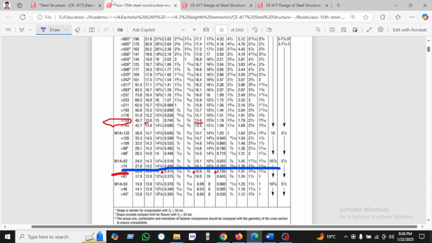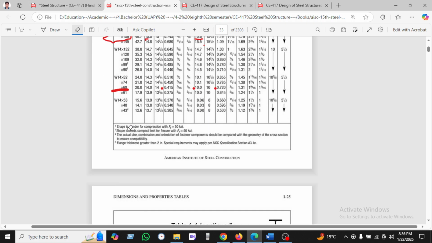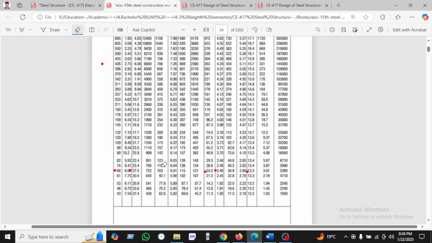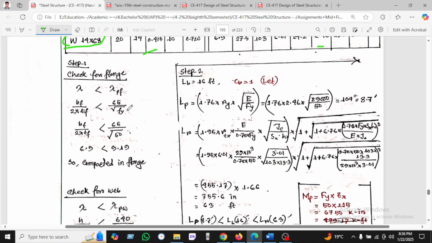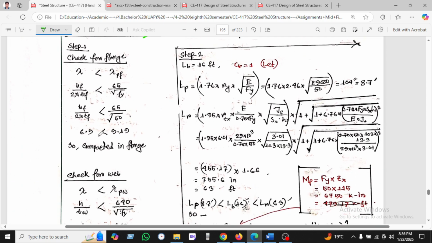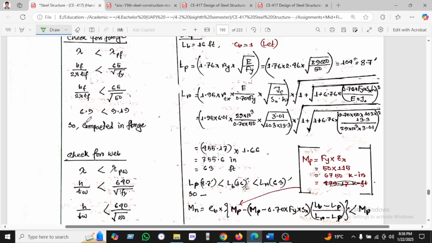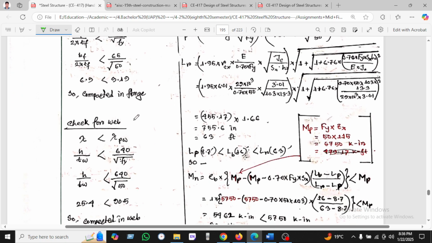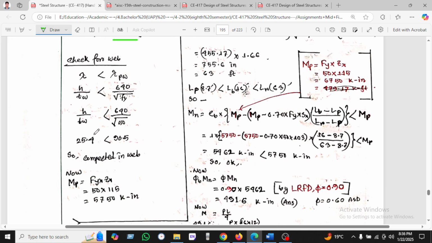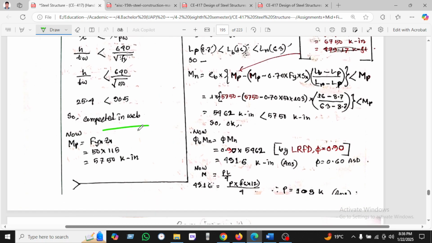This is the 68, given in the red line, and also this 68 is given in the line. Taking all the values and checking the flange in this formula, we found 6.9 is less than 9.9, so compact flange. Checking the web, we can see 54 is less than 92, and this is compact.